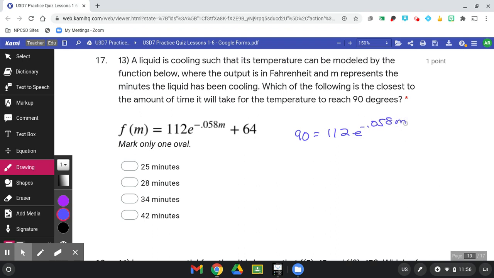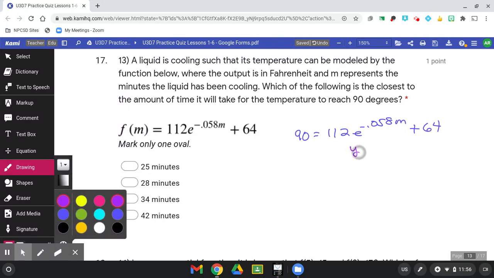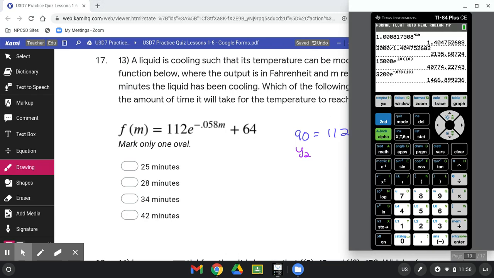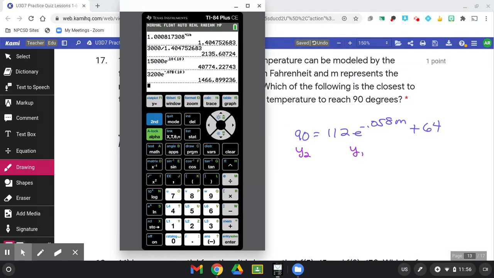And we are going to learn how to do this shortly, algebraically. But graphically, we can already do this. We can set one of these equal to y1, the other to y2, and we can go ahead and find the intersection point. So let's go ahead and do that.